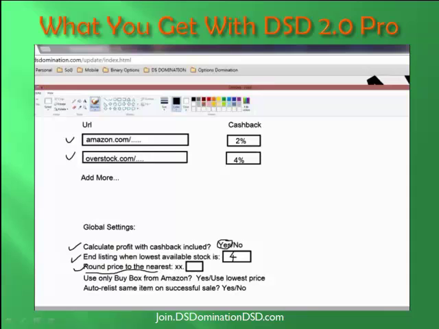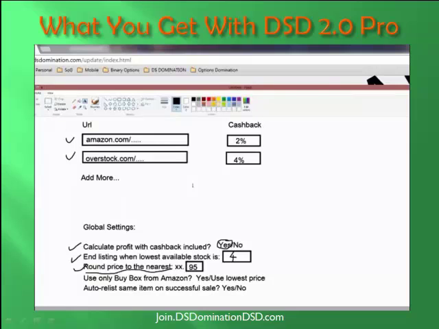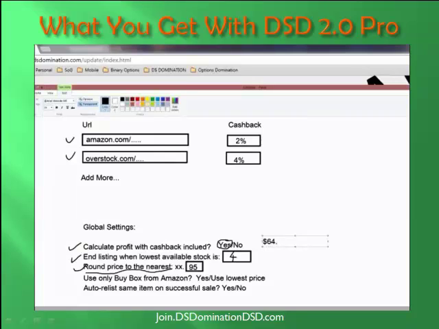Then you can do this fun thing, which is round price to the nearest XX dot something. What you're basically saying is that you want to price your products always at, let's say, something that ends with a 95. So let's say our system goes in, accounts for your cashback, your profit margin, eBay fees and all the other fees involved, and it says that your price for the product should be $64.81.